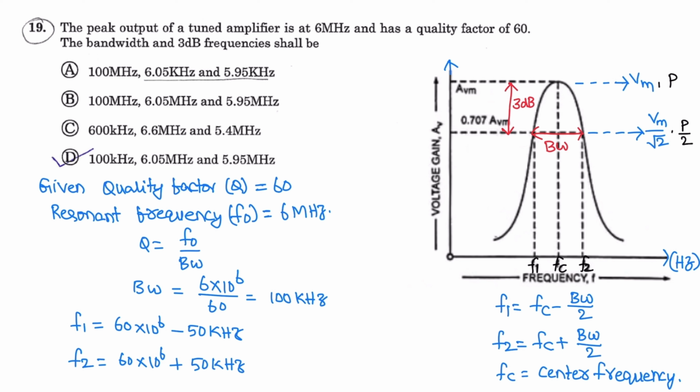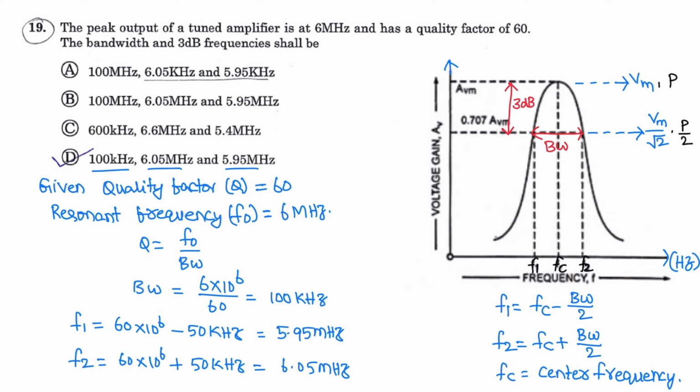So the values are 6.05 megahertz, 5.95 megahertz. The bandwidth is 100 kilo, upper cutoff frequency 6.05 and lower cutoff frequency 5.95. Correct option is D. Next question.